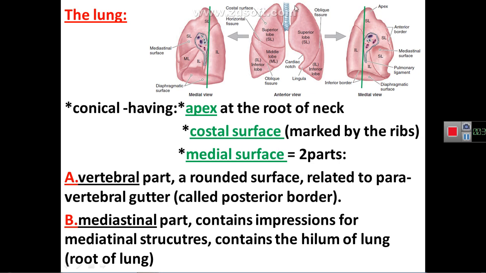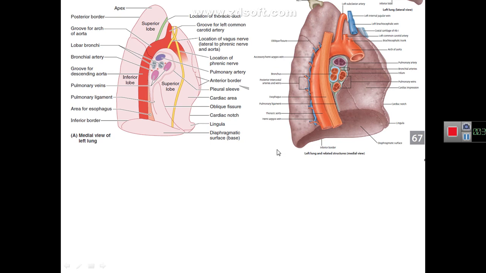In addition to the apex, costal surface, and medial surface, the lung also has an inferior surface which is called diaphragmatic surface that is related to the diaphragm.